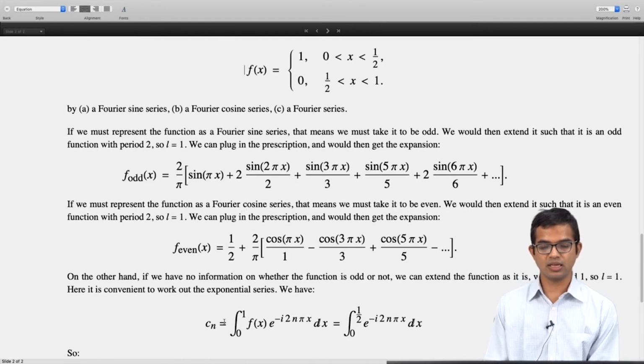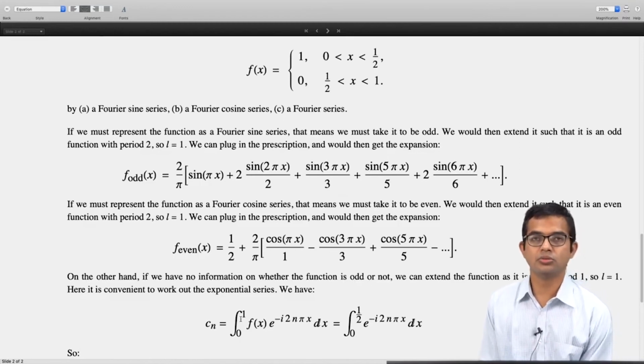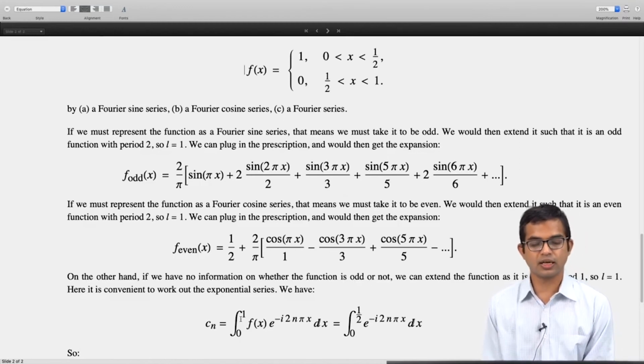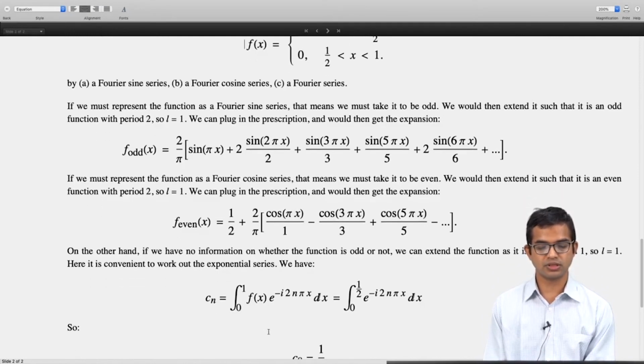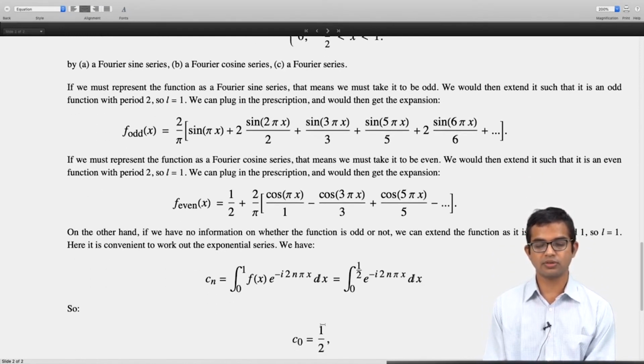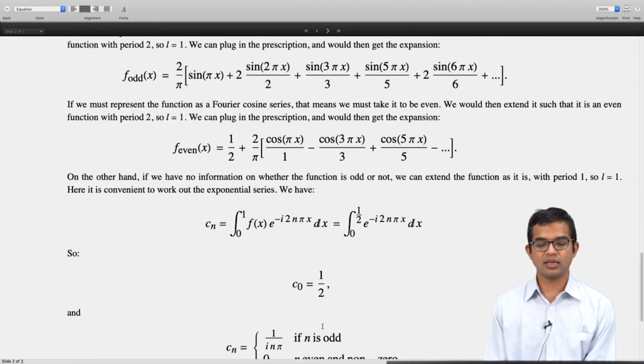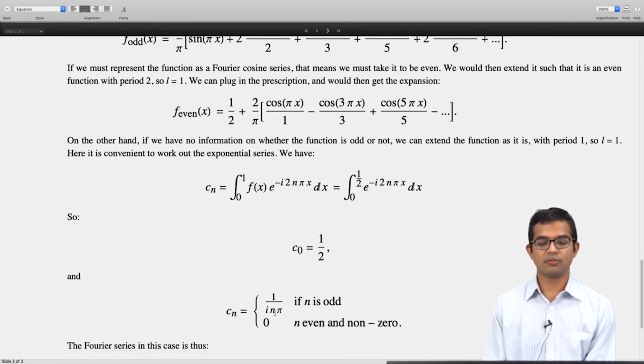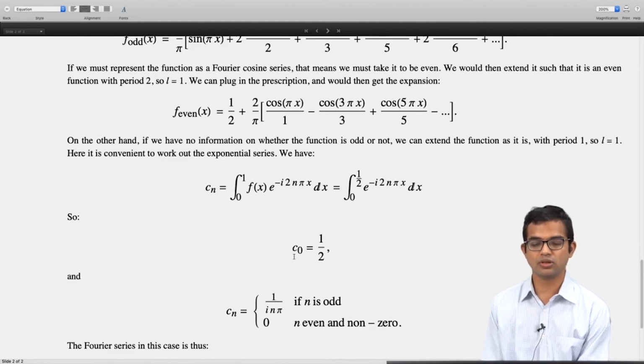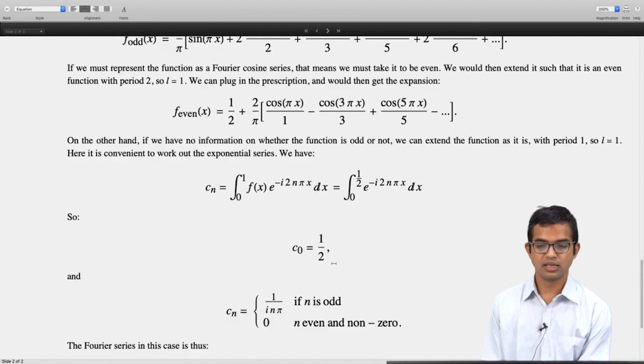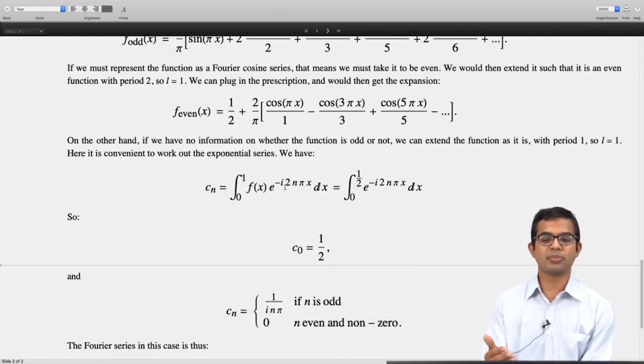So then you have Cn given by this expression, and then like I said, it's always good to take special care for C0. So C0 you have to compute separately, and then you get a half, and then Cn is just 1 over I n pi if n is odd, and it is 0 if n is even and non-zero. If n is 0, then it is a half, otherwise it's 0, right? So the Fourier series in this case is, you notice all these 2's here, which comes from this n pi by L, right?